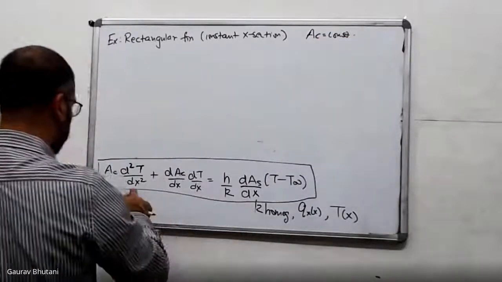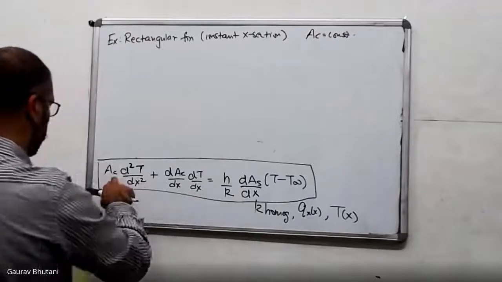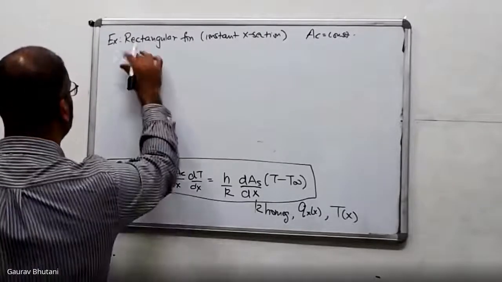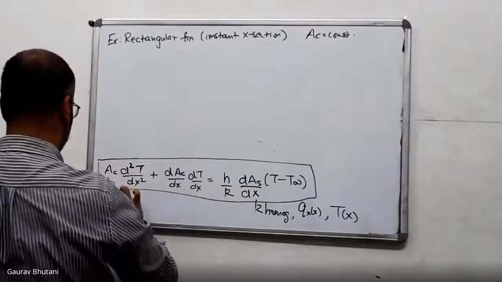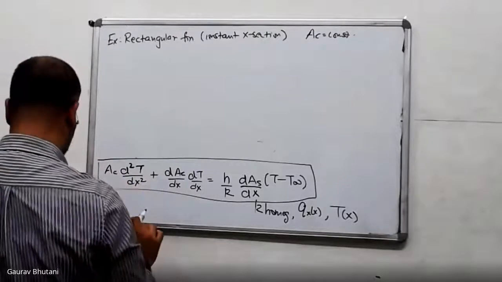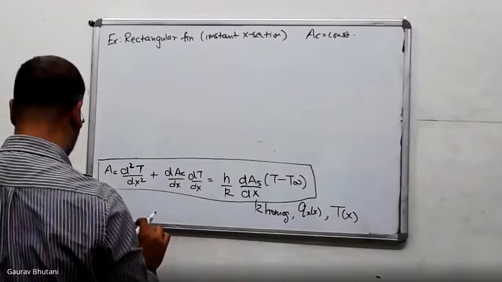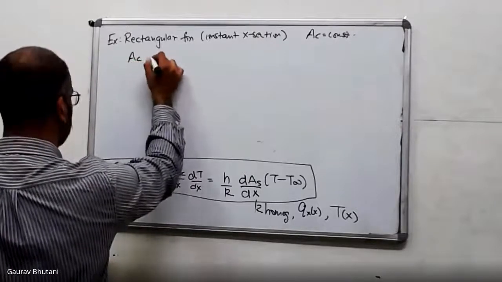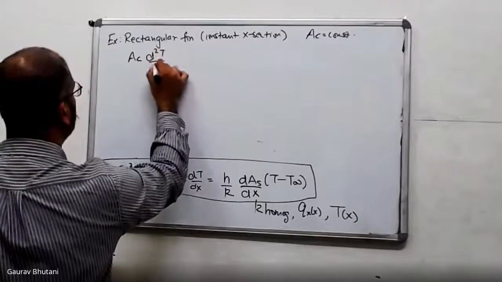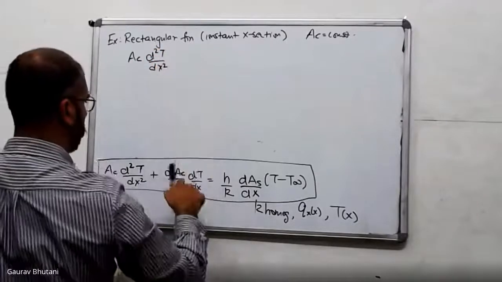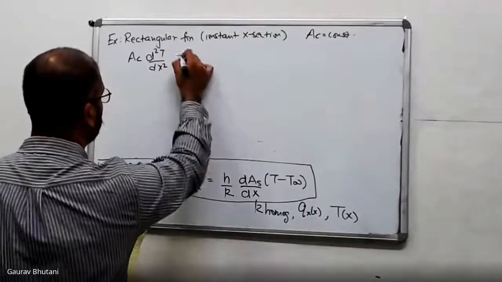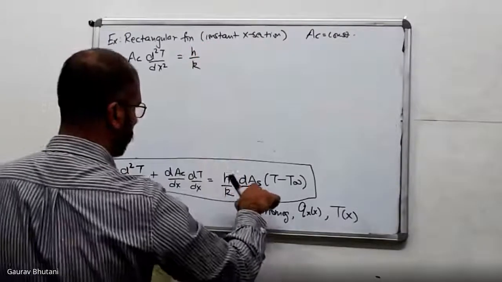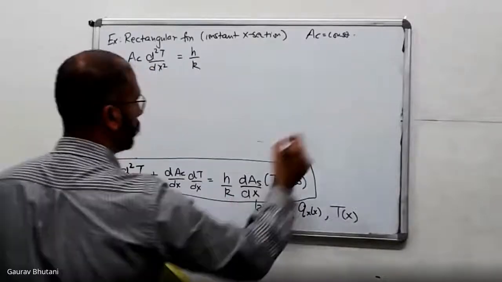So when I substitute that here, what I get is AC times d2T by dx2, and this term becomes 0. And we have h upon k, and this dAS by dx. So this one's a rectangular fin.